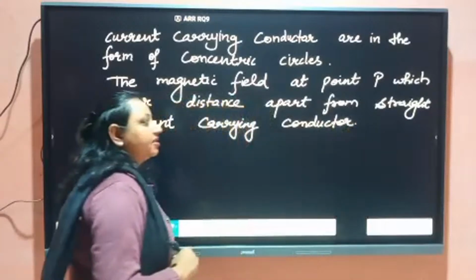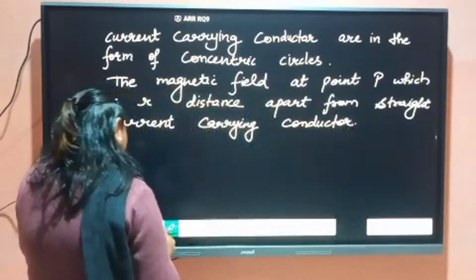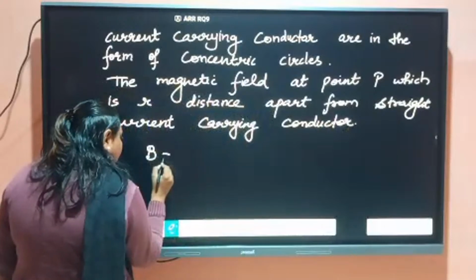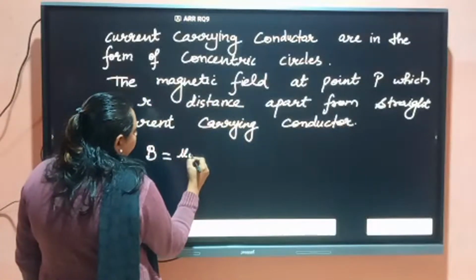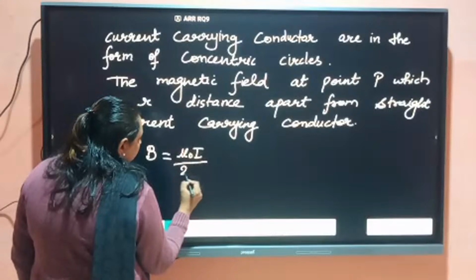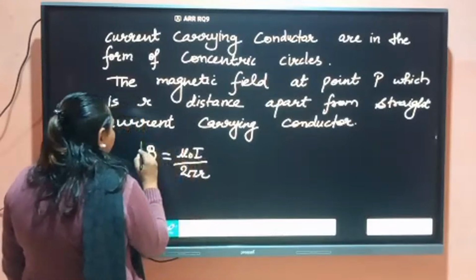So what is the formula for that magnetic field? It's mu naught I upon 2 pi R.